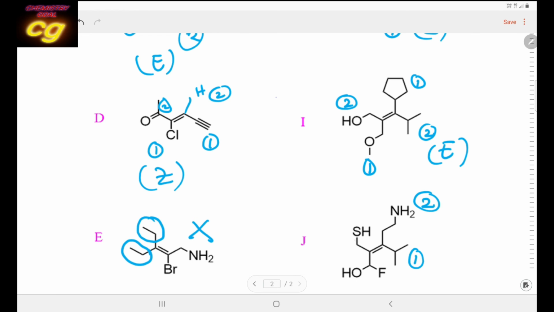As it is attached to sulfur, it will be 1, this will be 2. You see, carbon to carbon, carbon to carbon, then carbon attached to sulfur, here carbon attached to oxygen, so sulfur is more priority, so 1 2 2 2, 1 1 opposites, so this is E.